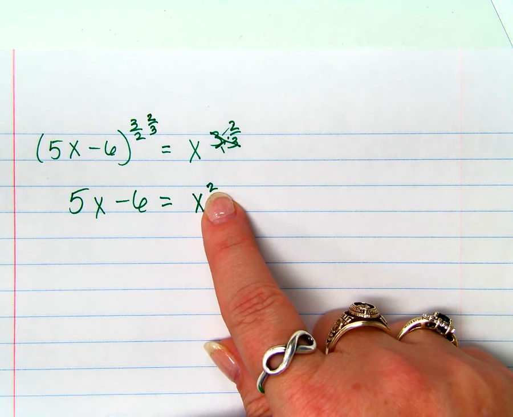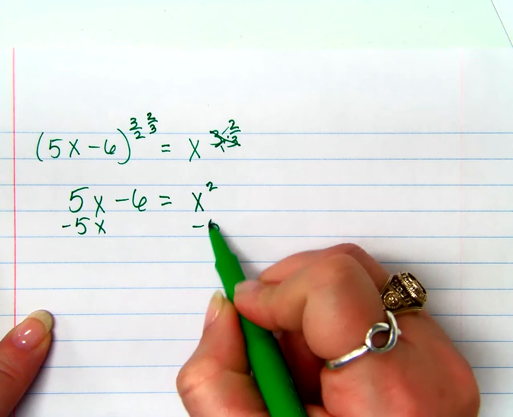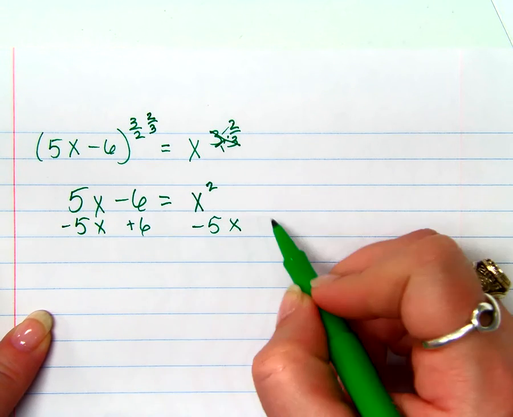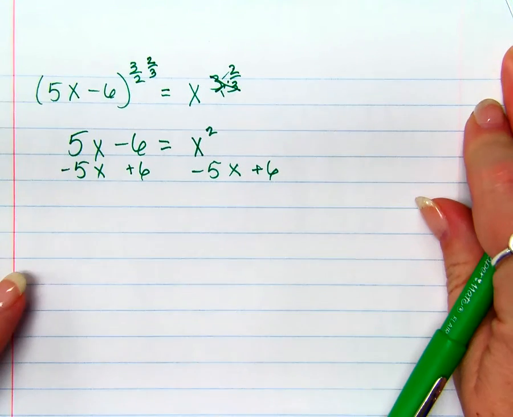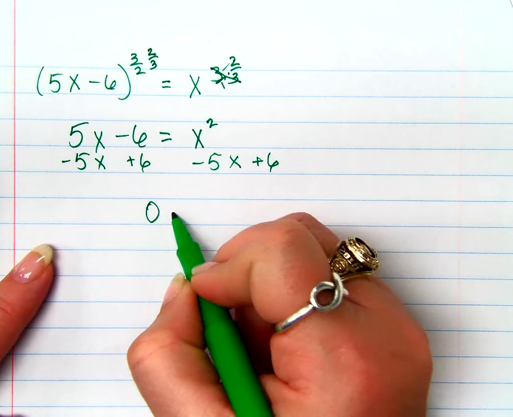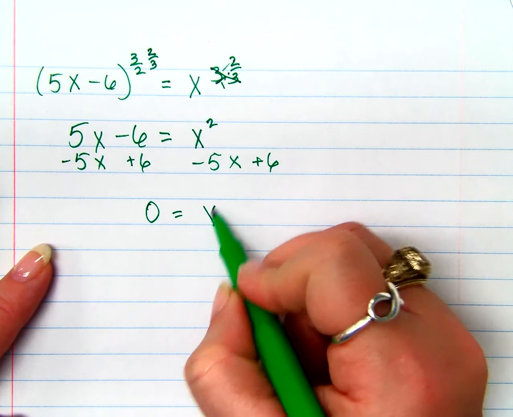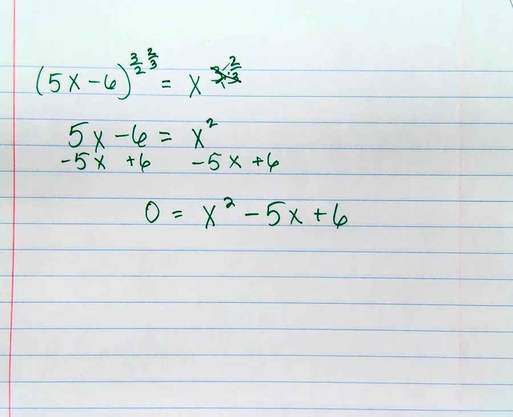Good. It's a quadratic, right? How do we solve quadratics? Well, we get them equal to 0. I know it would be easier to just subtract x squared from both sides, but we like to keep a positive x squared value, right? A positive leading coefficient. So let's go ahead and move these two terms to this side. x squared minus 5x plus 6.